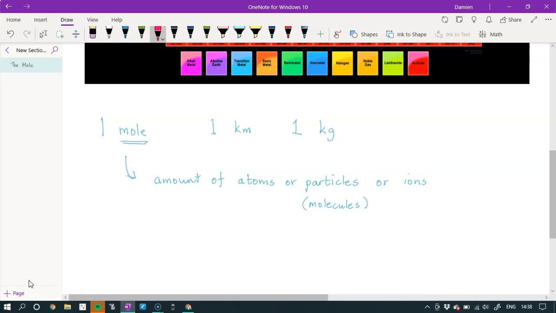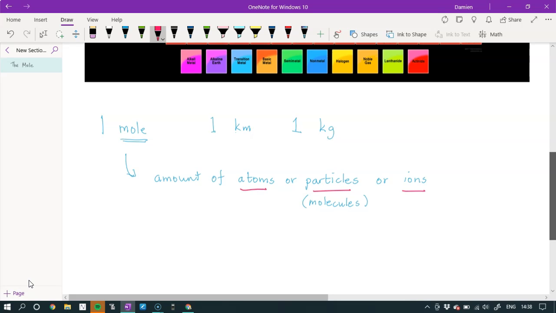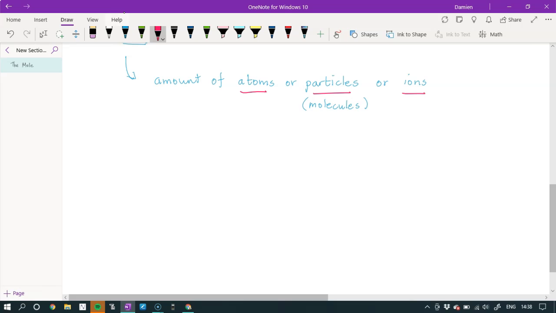So any of these, atoms, particles, ions, a mole is the unit for working out how many we've got. Now, 1 mole is always the same amount. So 1 mole of a substance is always 6 by 10 to the 23, and it's atoms or particles, depending on what you're dealing with, and I'll explain that now as well.